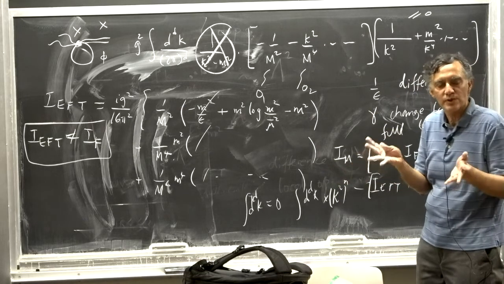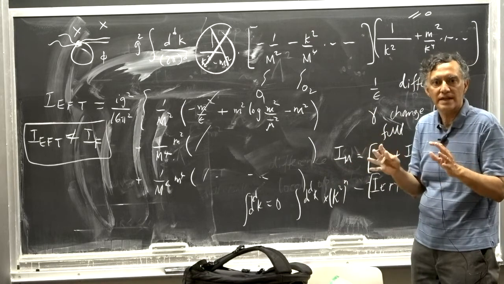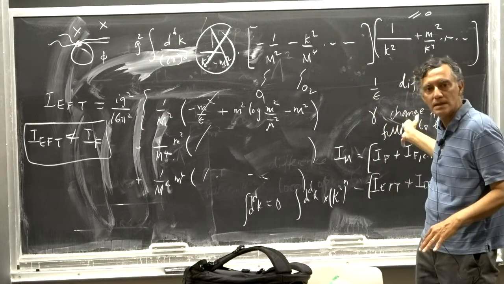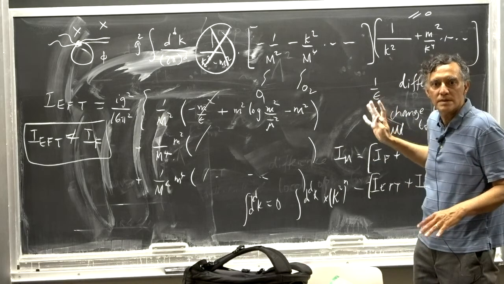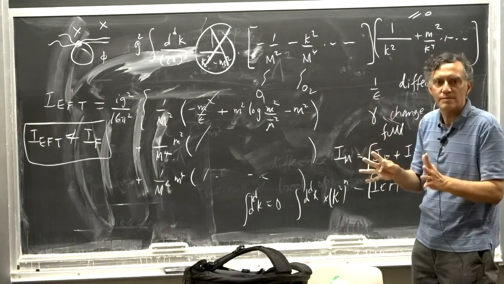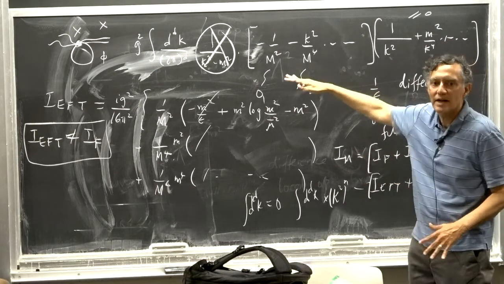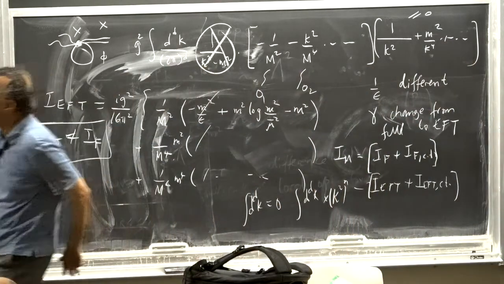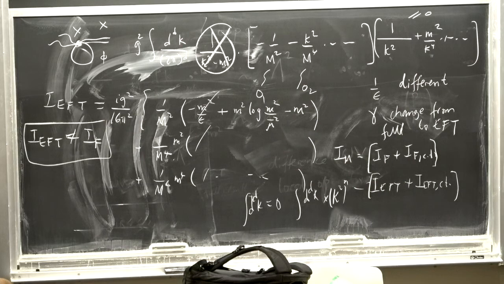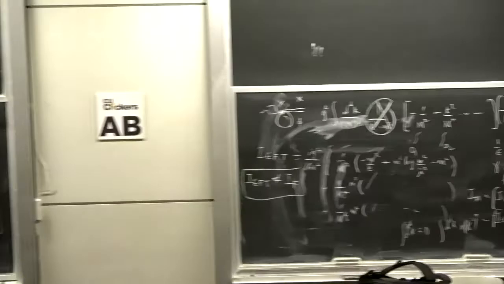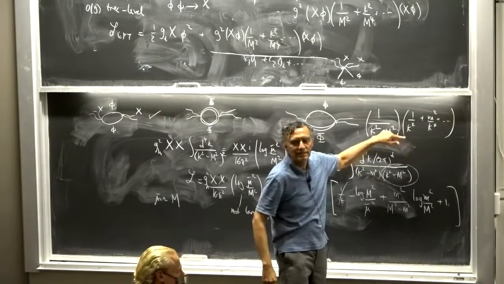And the difference between the two is some UV thing, and we're just comparing the IR part agrees, because by construction we made sure that the IR part agreed because we had this IR operator, wherever it is, this one, to match the IR. So the error you're making is in the UV, and we're doing the UV calculation by subtracting. And now I'm just giving you a trick to show that this calculation can be done in a simpler way.